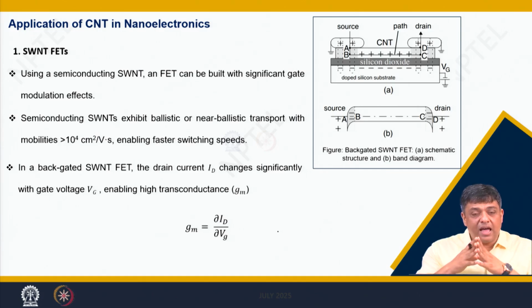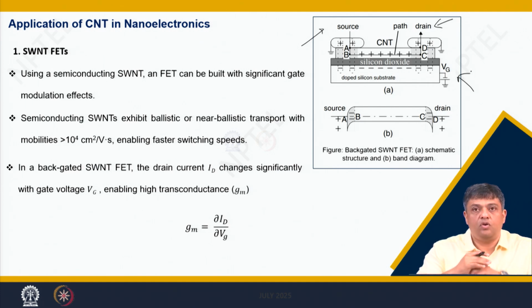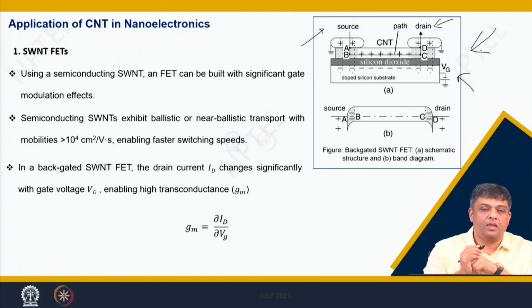Next application which comes is in field effect transistor like structures. So, you can actually have SWNT based FETs. So, you have a source, a drain and a gate voltage. This is a typical diagram which you see.